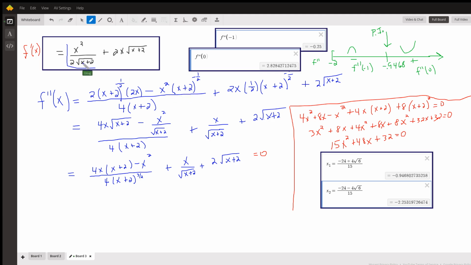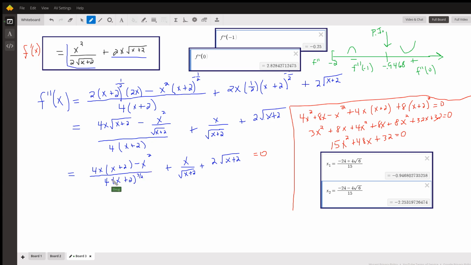I did the derivative of the denominator off on scratch paper, and the 2 and the 1/2 cancel out, all over the denominator squared. And then for this term, use the product rule: first function times the derivative of the second plus the second times the derivative of the first. Then if you simplify that a little bit, you get 4x times the square root of x plus 2 minus x squared over the square root of x plus 2, all over 4 times the quantity x plus 2.